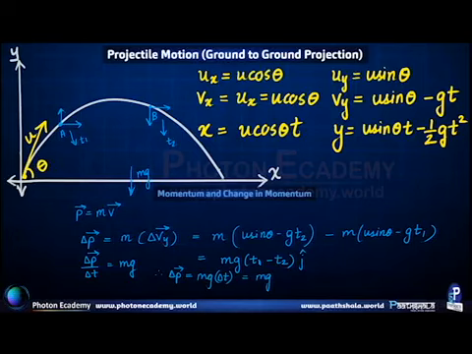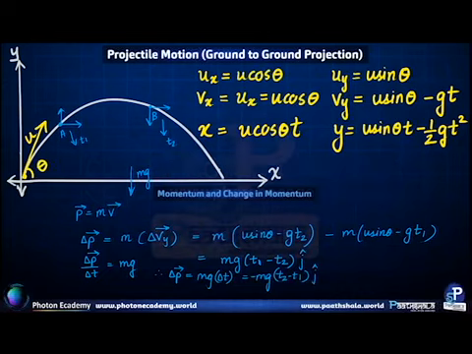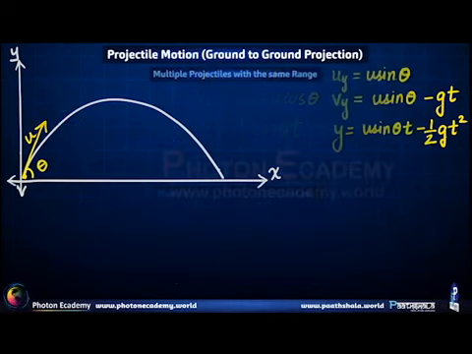So mg into t2 minus t1, but mg happens to be in the negative j direction. So if you want to give direction to the momentum change vector, that happens to be equal to minus mg into t2 minus t1 j cap, which is nothing but the above aforementioned equation. So this is how we find the change of momentum.